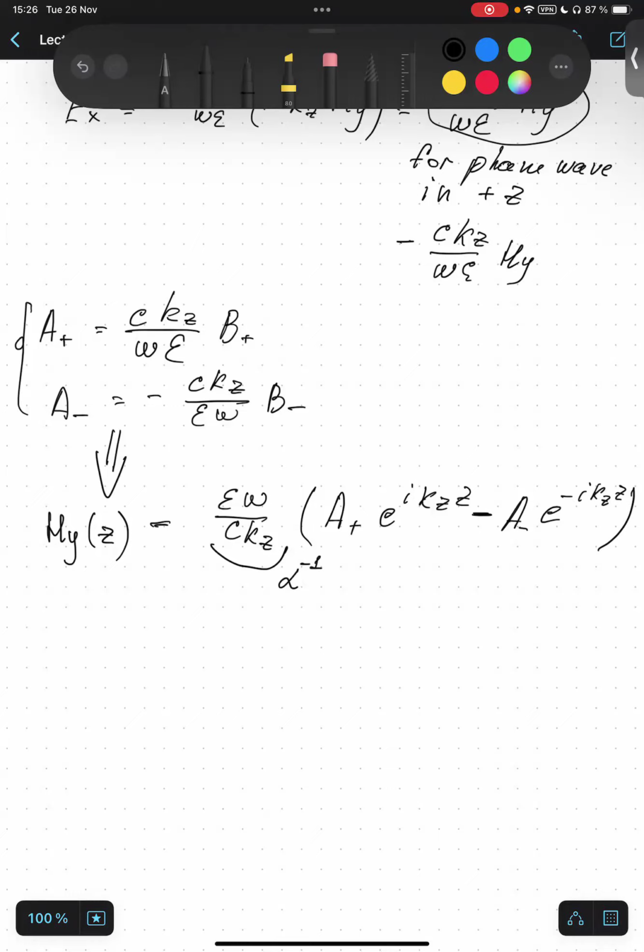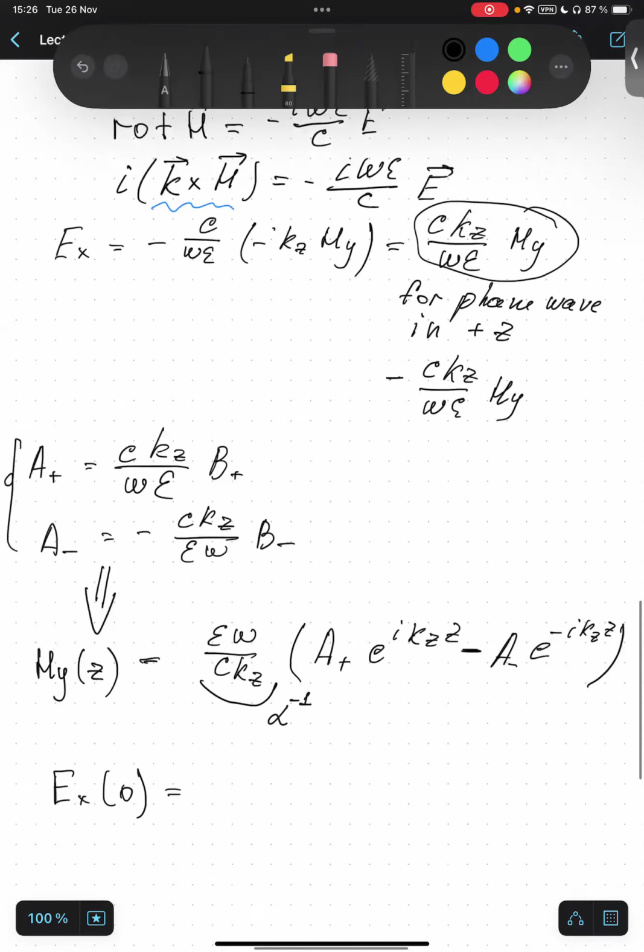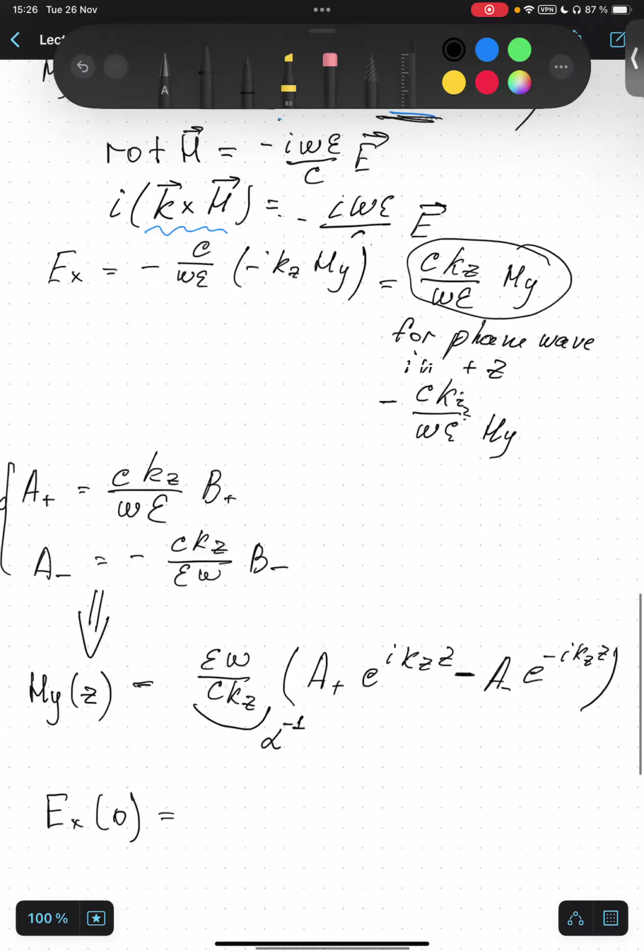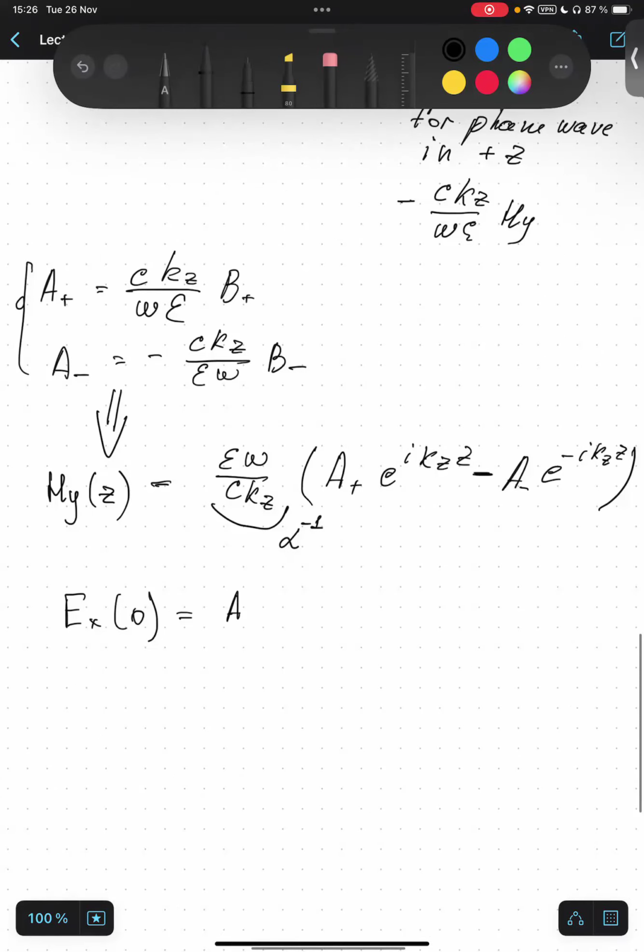So in this case, the initial fields Ex at 0 is obviously A plus plus A minus, and magnetic field Hy at 0 is alpha minus 1 times A plus minus A minus. Perfect.